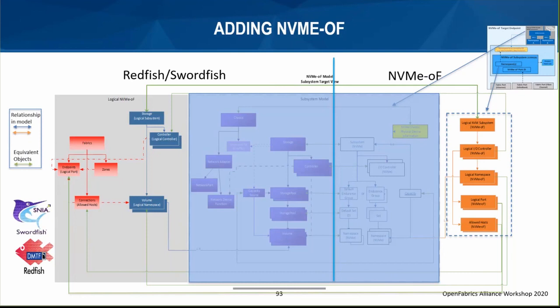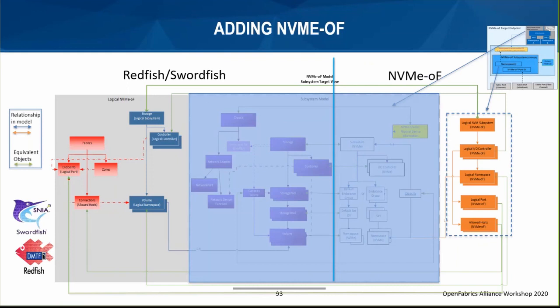The way to look at it is, if you see the miniature diagram on the right corner, you can see that an NVMe over Fabrics subsystem, which is the dark blue box at the center of that, is constructed using the underlying resources available. Similarly, we have the orange blocks. Those are all part of the NVMe over Fabrics subsystem, which will have namespaces, controllers, ports, and the allowed hosts.